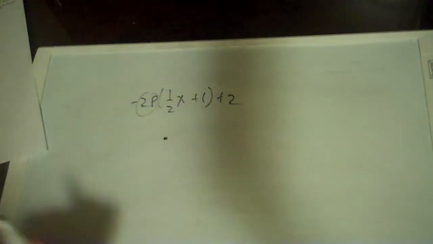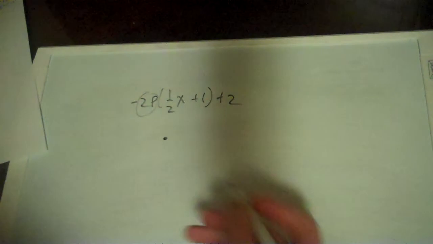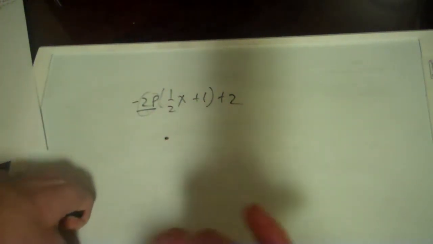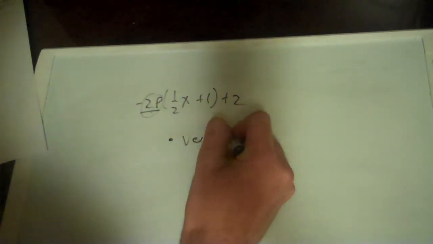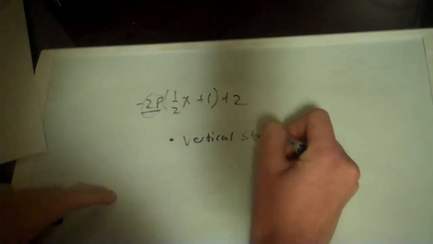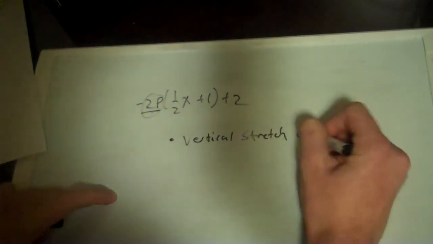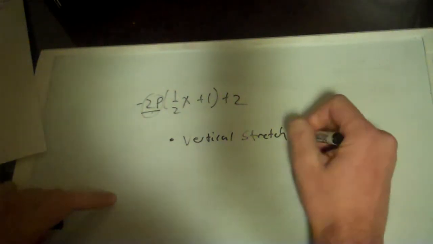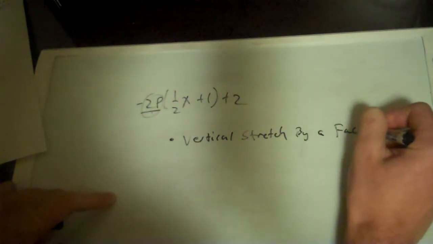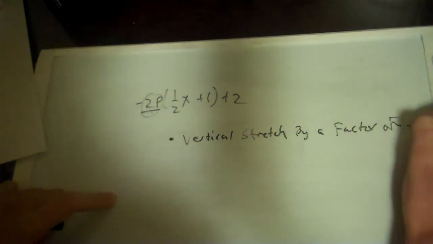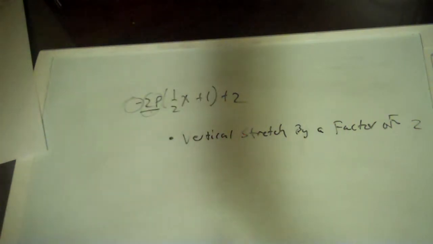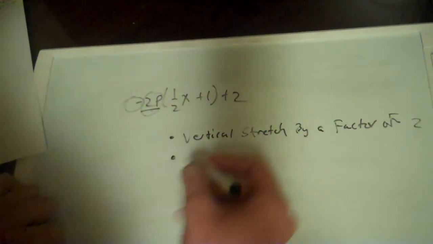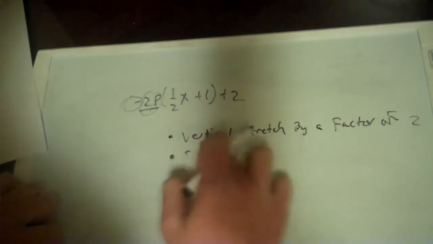I guess the first thing we can do is look at our a, and say, okay, this negative 2, what exactly does that mean? The 2 means we're going to have a vertical stretch by a factor of 2. And if we look even before that at the negative sign, we actually have a flip, or a reflection.